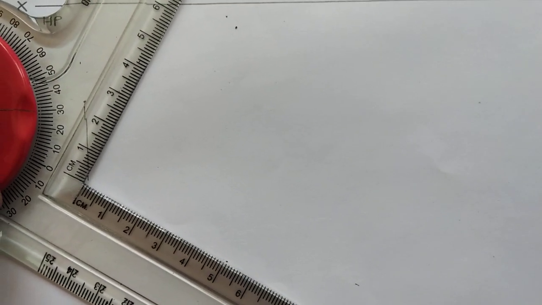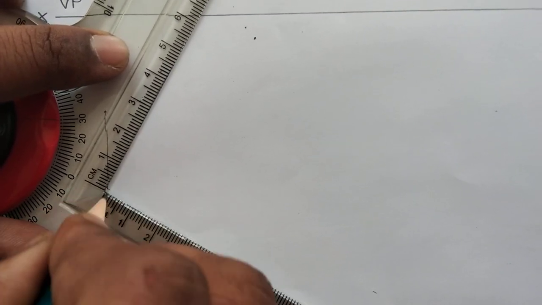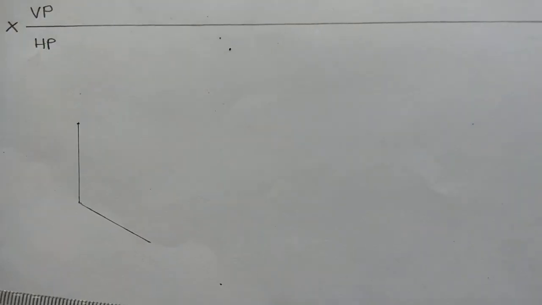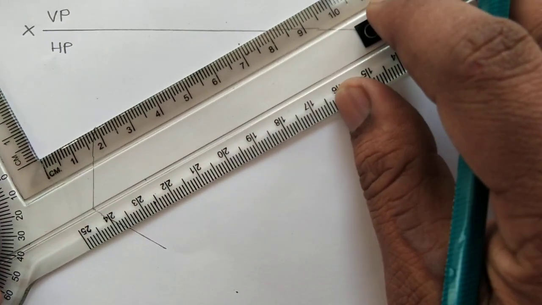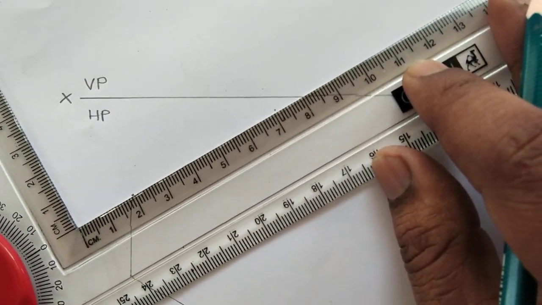Okay, and next our dimension, that is the hexagon side dimension, that is 25 mm. So here we can construct a 25 mm line by setting the scale from this particular point to the 120 degrees point, and here I am constructing the 25 mm line. And similarly we can construct another line, again at 120 degrees.